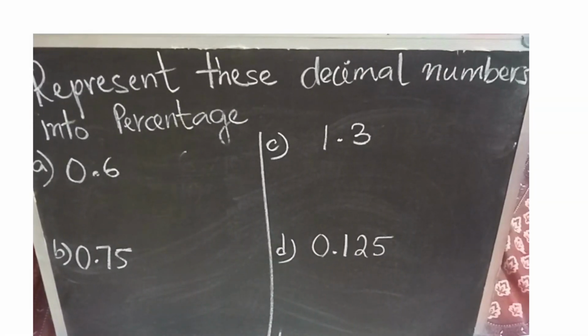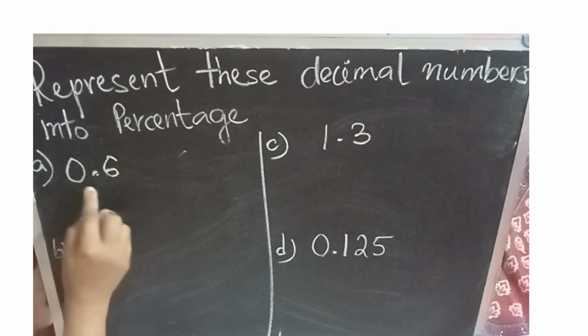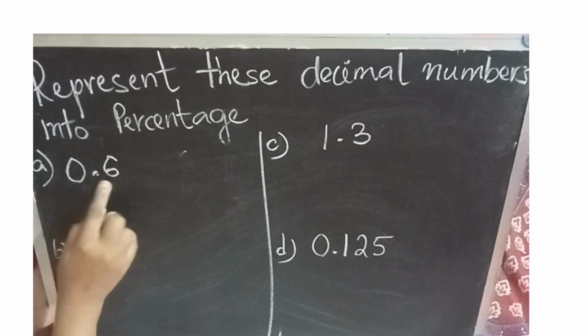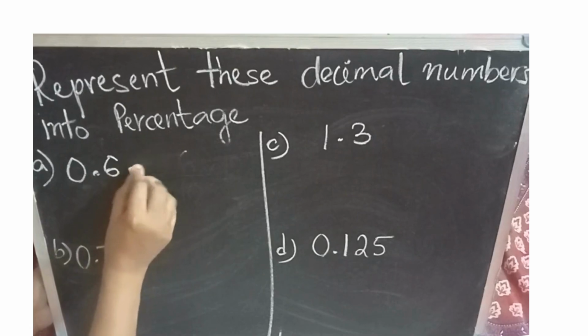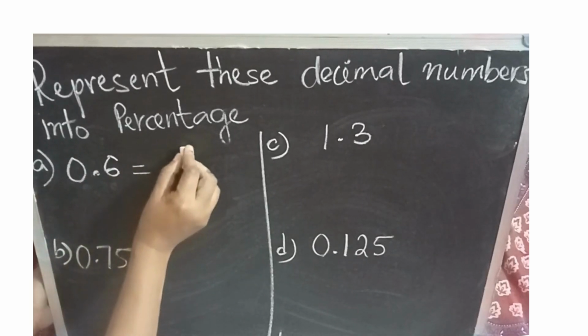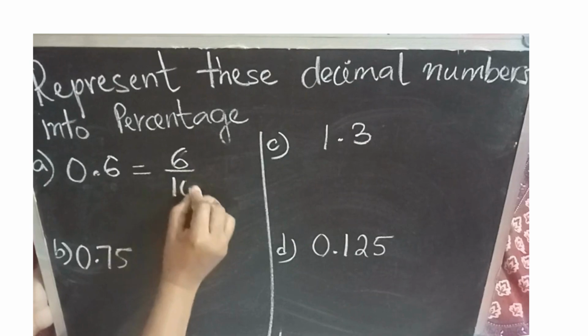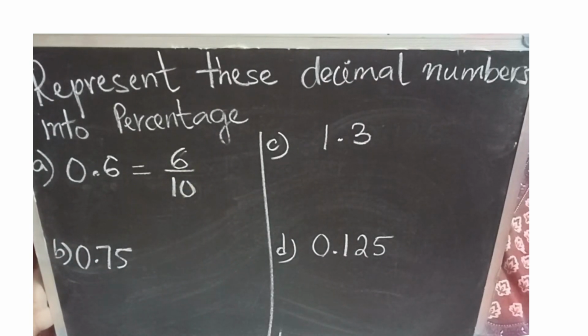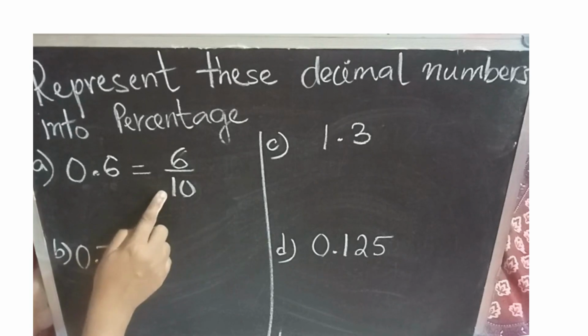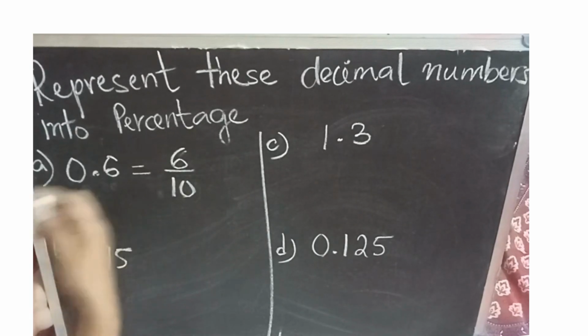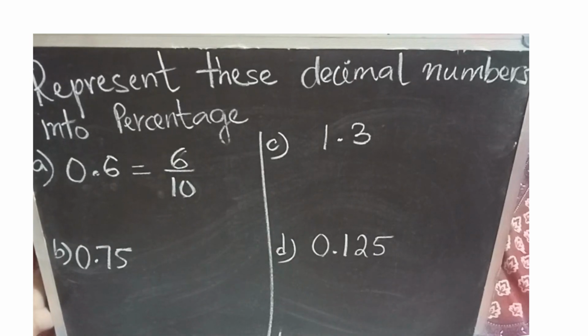Okay, we will convert these decimal numbers into percentage. So this decimal number, first we will convert it into a fraction. 0.6 we know is 6 by 10. Now once we have converted into a fraction, it is very easy for us to convert it into a percentage.